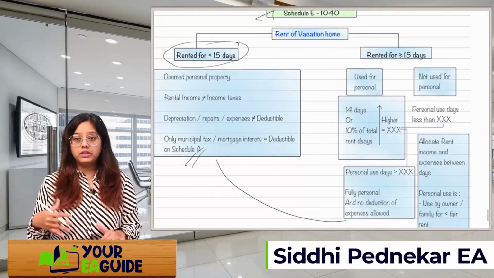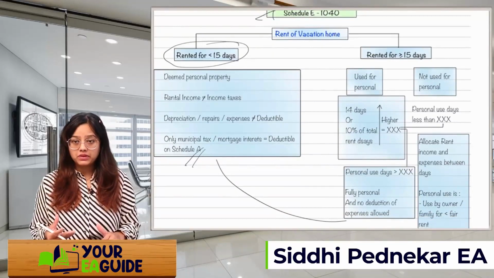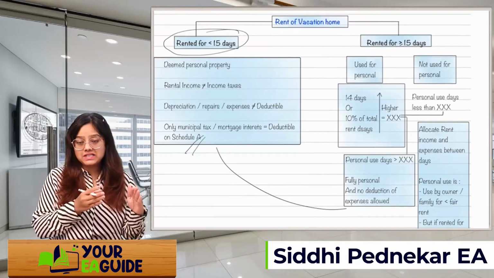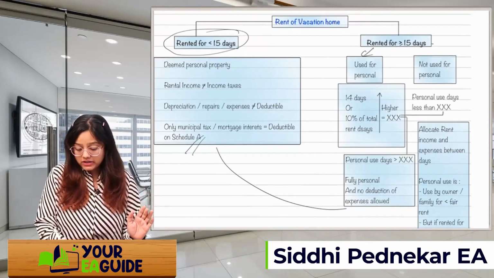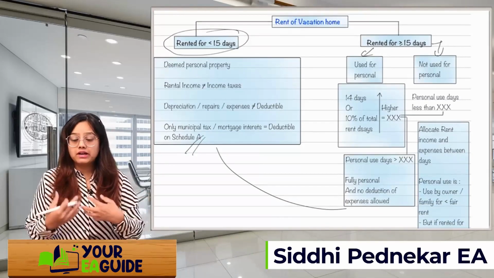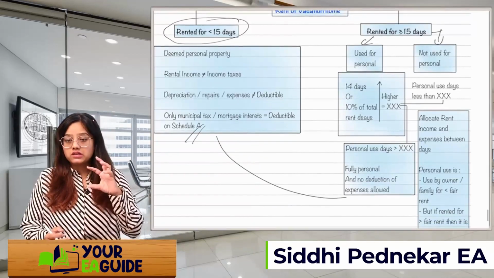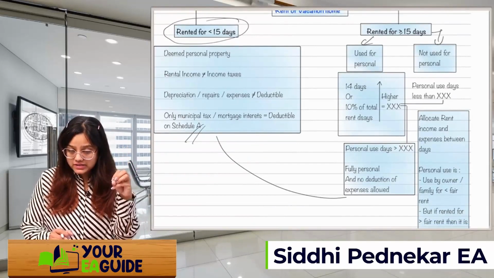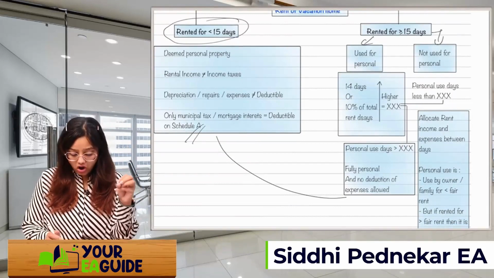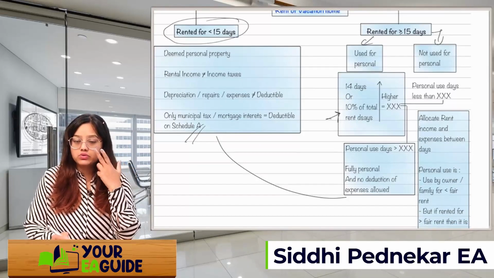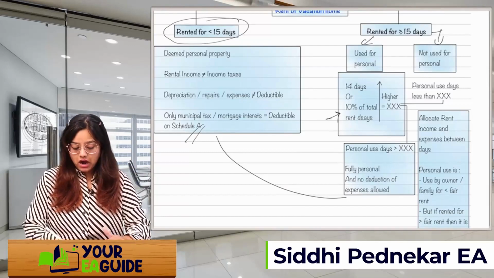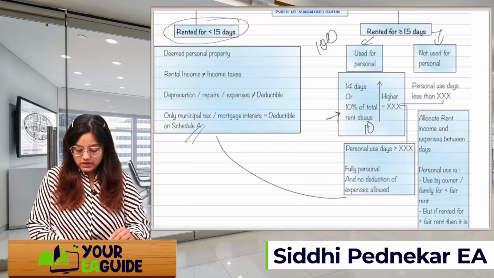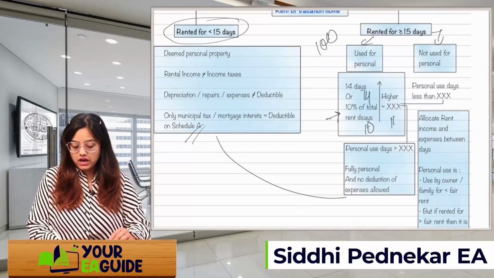But if you have rented the property for more than 15 days, then you have to make sure whether it is used for personal use or not. How will you calculate that? Just compare 14 days with 10% of the total rented days. For example, I have rented the house for say 100 days. 10% of 100 is 10, or 14, whichever is higher, so 14.